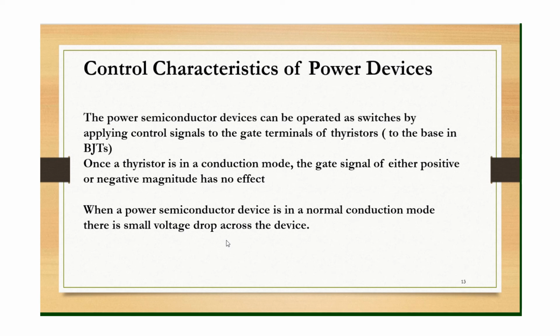But in a power semiconductor device, there will be a small voltage drop. So these are the typical control characteristics of a power semiconductor device. And again, these characteristics can be clearly understood when we compare them with the ideal characteristics of an ideal switch, which we'll be doing in the next session.